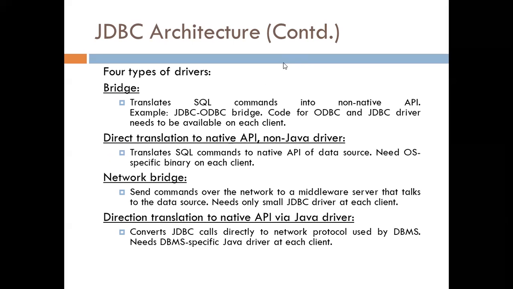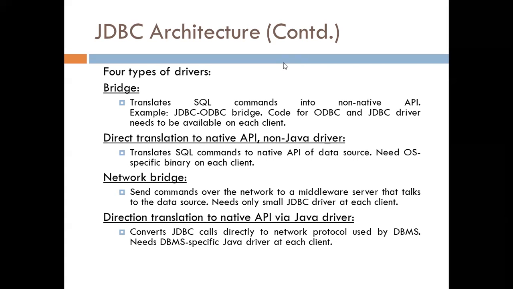Based on that, there are four different types of drivers. The first one is the bridge driver, also called type 1. In this type of driver, it translates the JDBC function calls into calls of another API that is not native to the DBMS.